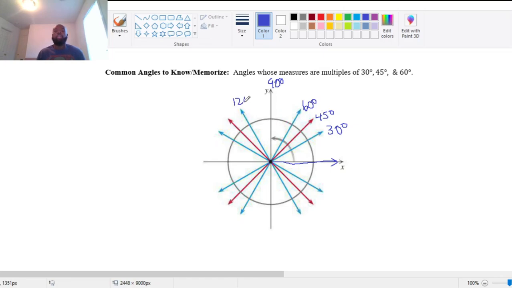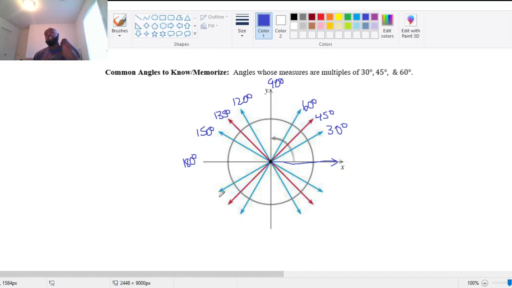That's a 120-degree angle. This one, add 15, because these are 15 units apart, I get 135 degrees. Add 15 to that, I get 150 degrees. And this one has a similar property that that 30-degree angle has, that is 30 degrees from your x-axis. And so this is going to be 30 degrees from my x-axis, which is 180 degrees.